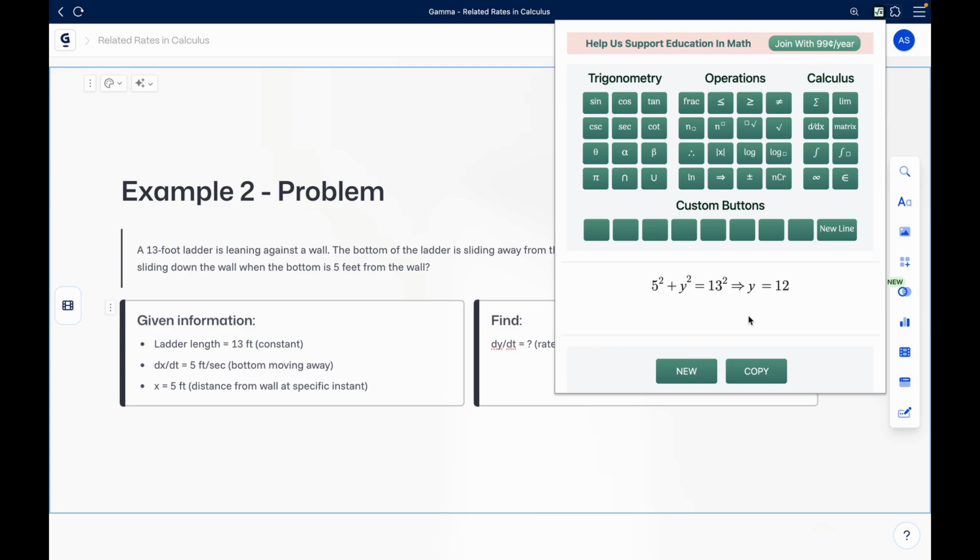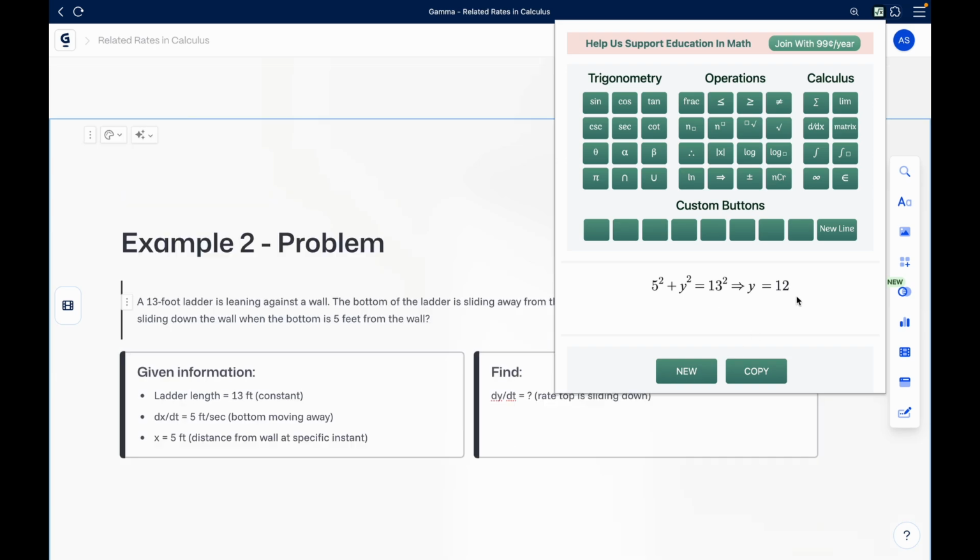So now what we need to do is differentiate. Sorry, not dy/dt. After we've evaluated y, we take the Pythagorean theorem, x squared plus y squared is equal to 13 squared, because that's the constant length of the ladder. We need to differentiate this.